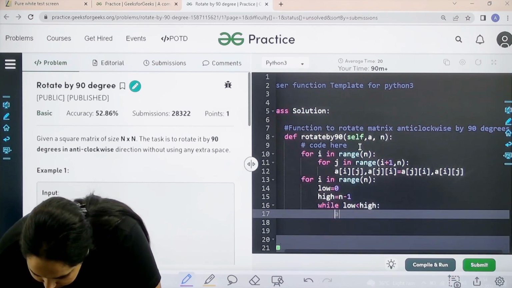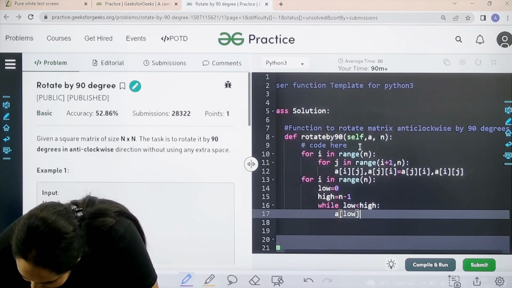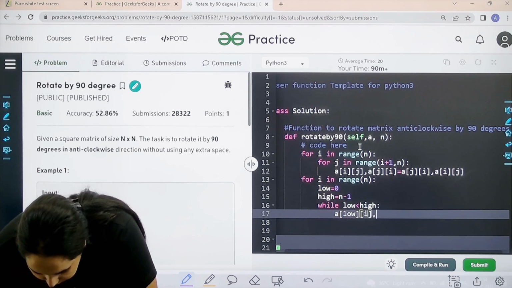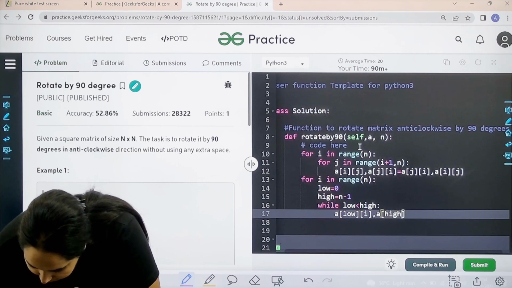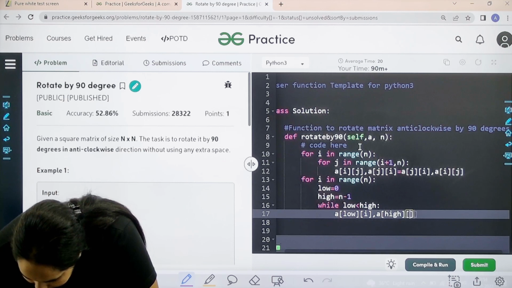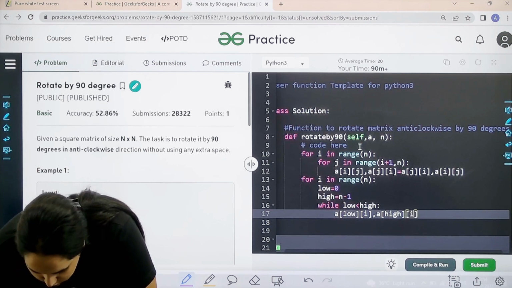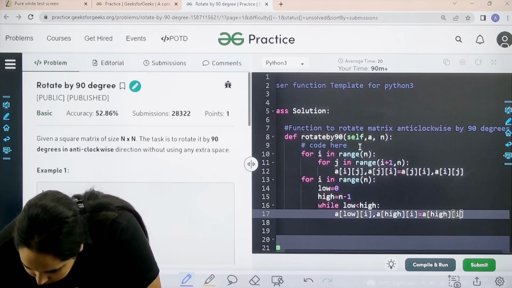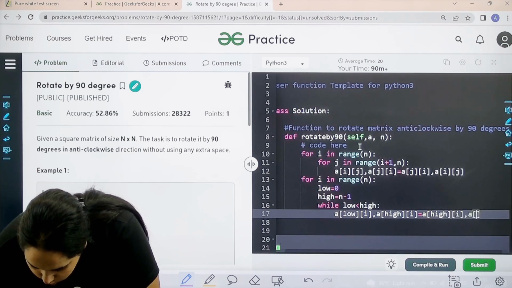Then a[i][low], a[i][high] = a[i][high], a[i][low].